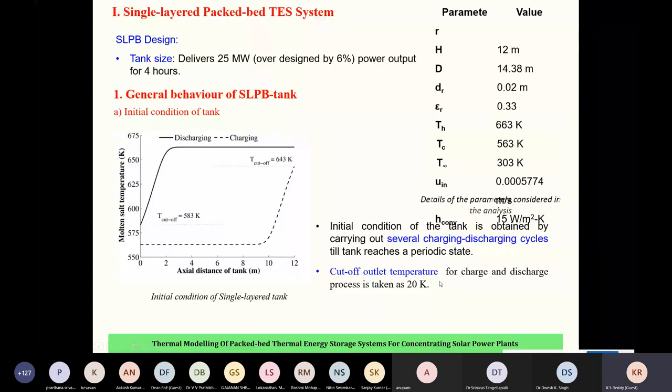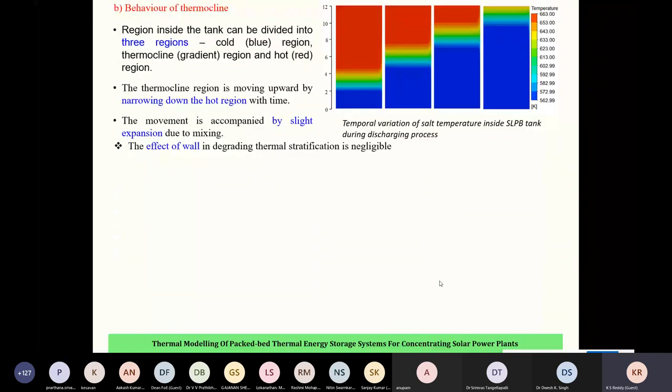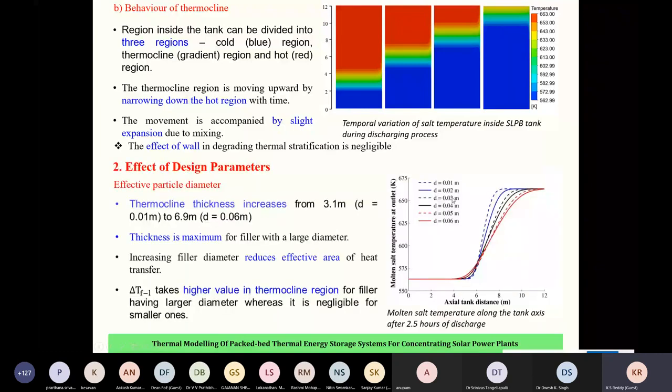And of course, this is further analyzed by taking periodic-state initial conditions, showing how the tank thermocline moves from bottom to top and top to bottom. You see, in discharging mode, it will move up. So this one is moving up here. And you can see the effect of design parameters, how they behave, and what the molten salt does with different bed diameters and so on.